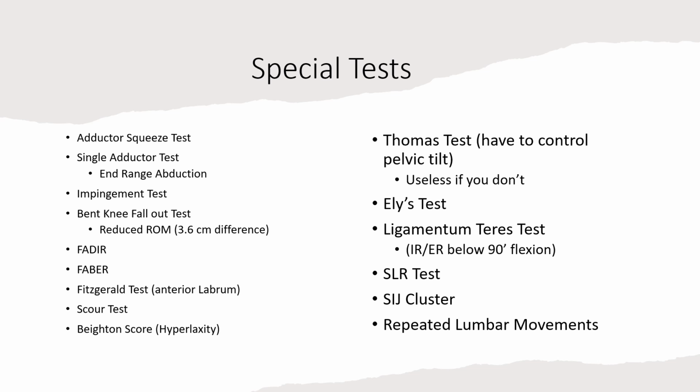You can do an end range abduction test. So this is just basically testing for a groin strain, an adductor strain. You take their leg all the way out into abduction and then have them activate that. If that's painful, then that could rule in or rule out an adductor strain.